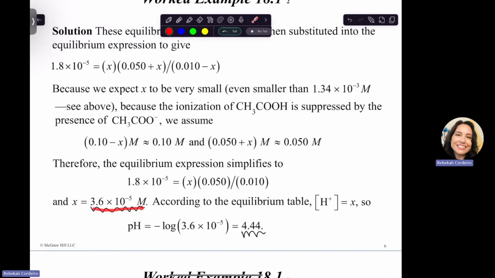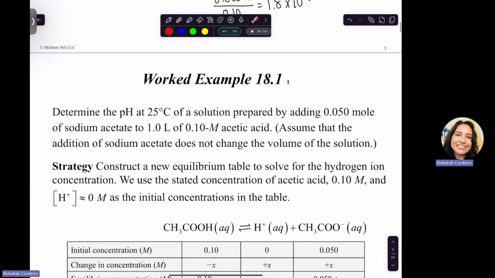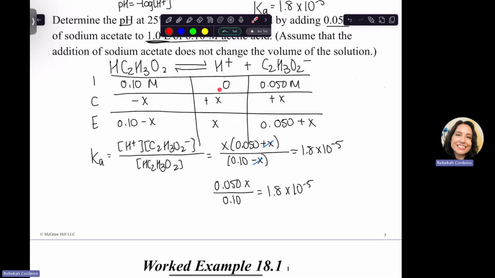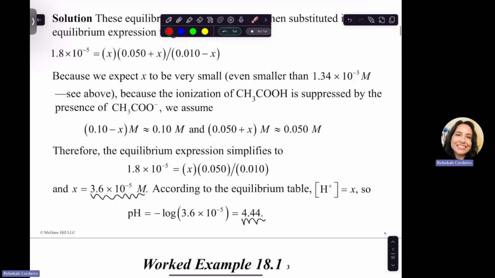Because the reaction is leaning more to the left because we added that common ion. So our pH is higher, it's less acidic. There's less H plus in there. So that is reflecting what we understand: if we add a common ion, it's not in the ICE table, it's shifting left because we can't subtract from 0. Overall, we're going to have less hydrogen ion because it will push the equilibrium a little bit to the left, if that makes sense.